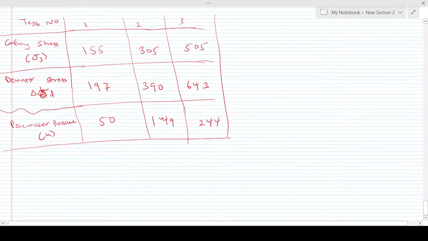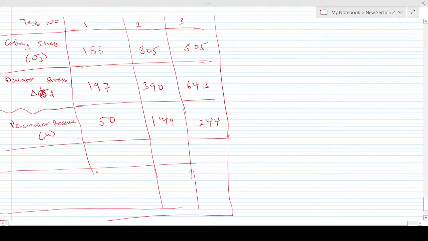All right, so you have to do some small calculation before you go ahead. So I'm going to simply draw 3 other rows, and I'm going to use that for my calculation.